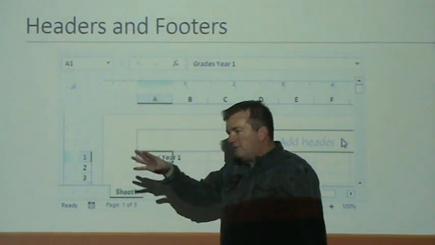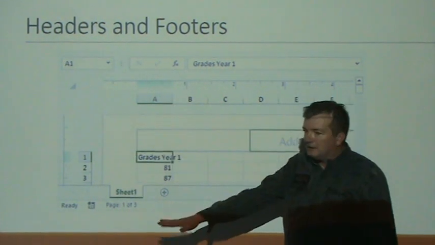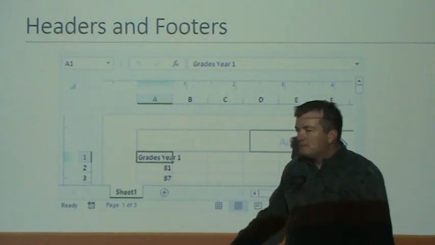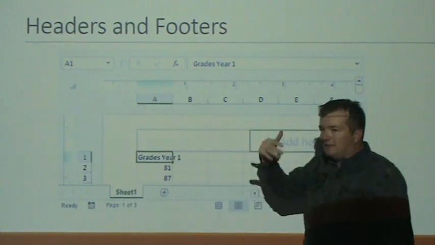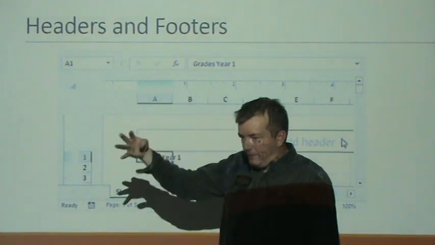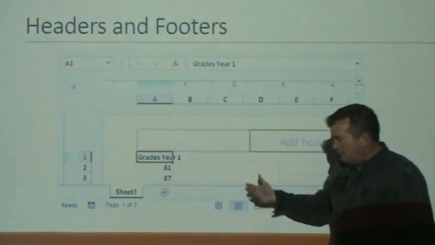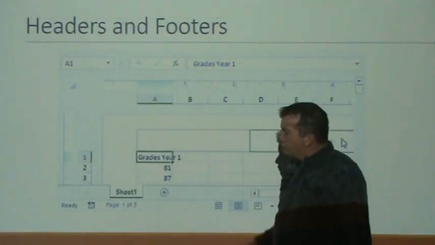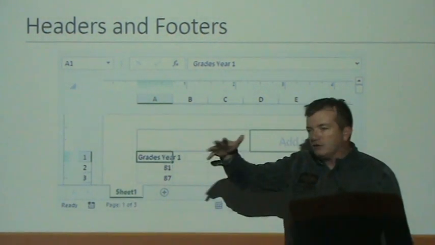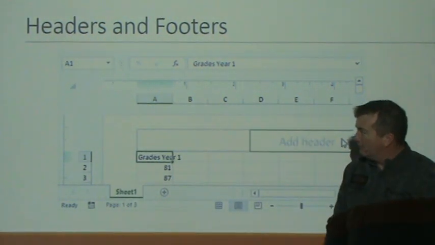You can alter that if you want to, but by default there's a left, center, and right header, and a left, center, and right footer. It's optional. You can put stuff in those fields and they will appear on the top of every page you have. I'm sorry, every sheet that you have. And if you go to print it, and then you have so much data it starts printing on multiple sheets, the header will appear on every page.